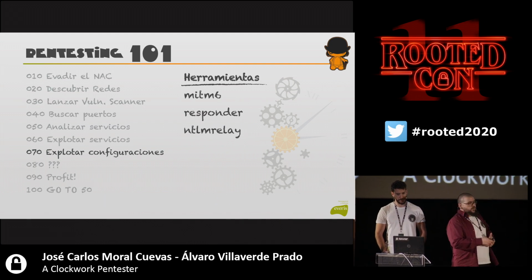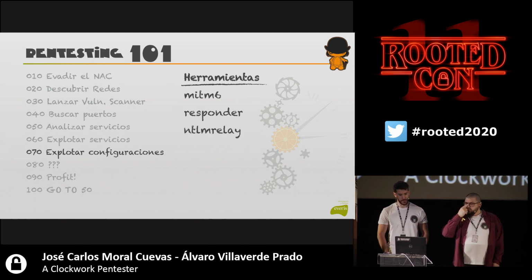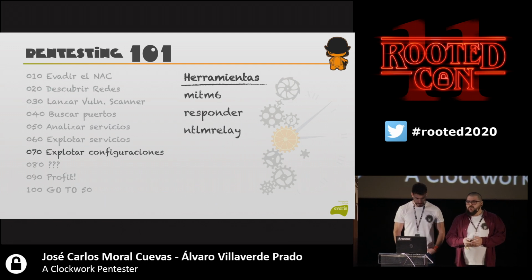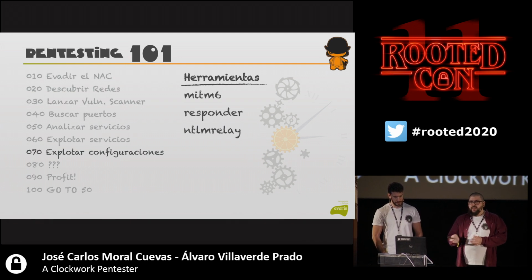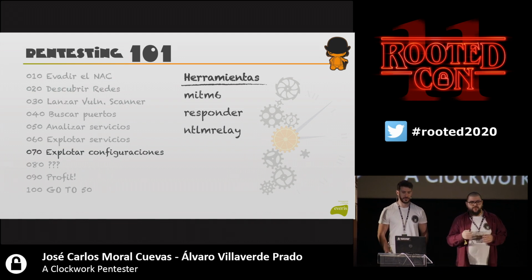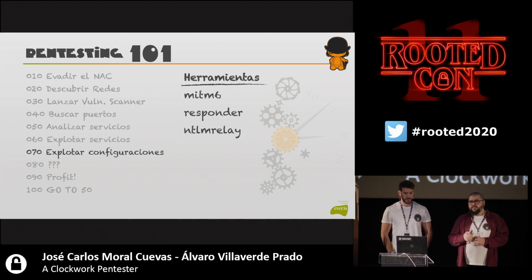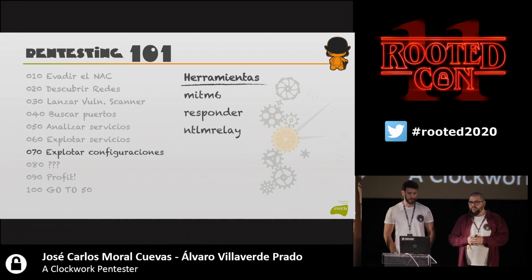We also exploit configuration, especially network configurations. For instance, having IPv6 enabled with no protection or unsecured. So we use man in the middle to poison Windows services, which are easier to infect than with IPv4, Responder to poison NetBIOS packets, and NTLM relay.